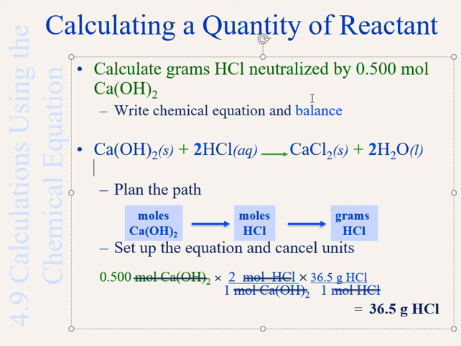So in this case we have our moles of calcium hydroxide, and we are trying to find the grams of hydrochloric acid. First we convert the moles of calcium hydroxide to moles of hydrochloric acid using the coefficients conversion factor, and then we convert our moles of hydrochloric acid to grams of hydrochloric acid using the molar mass conversion factor.